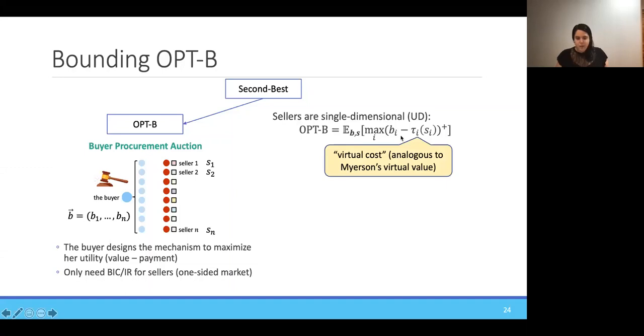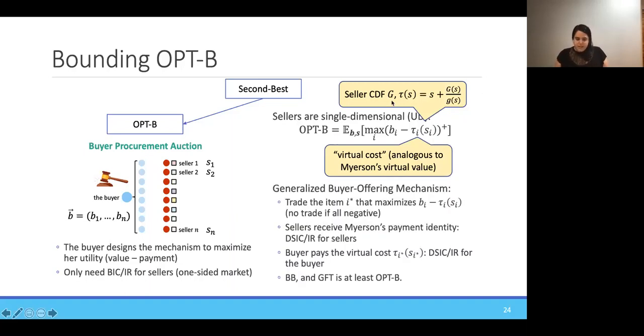So here we have what's analogous to virtual cost, using something like Myerson's virtual value. In case you haven't seen this before, it's like Myerson's function, but you have the seller's value plus an extra term for the seller's CDF, okay?